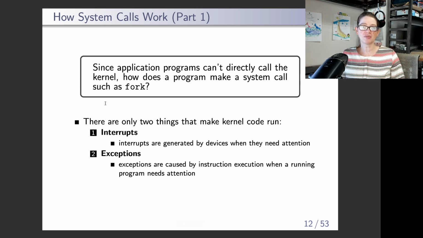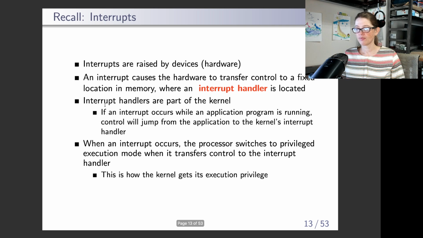We know that when an interrupt is fired, interrupts being things that are generated by devices, the CPU is going to stop executing whatever thread it was running at that time, and it's going to immediately start executing the code for the trap frame. So it's going to stop executing the thread, and then it's going to jump to one of these addresses for an interrupt handler that it stores in its trap table.